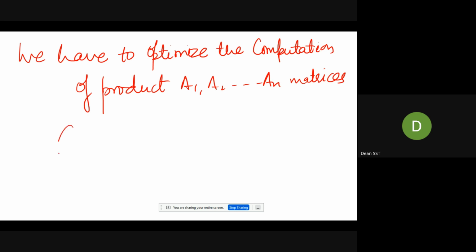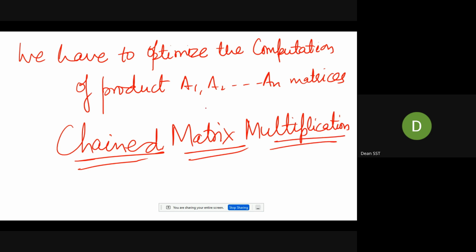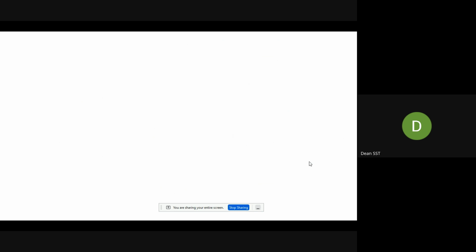And this problem is known as chained matrix multiplication. Why chained? Because we have a number of matrices A2, A3, A4, A5 and so on, and we have to multiply these matrices and find out the optimal way. Is it clear?